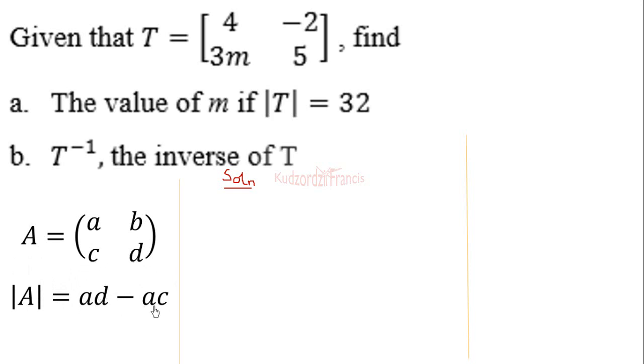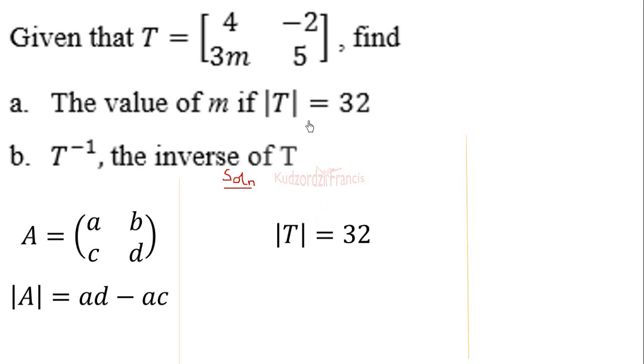So ad minus bc. You multiply this by this, minus this and this. That will give you the determinant.